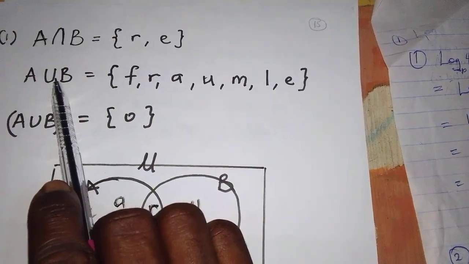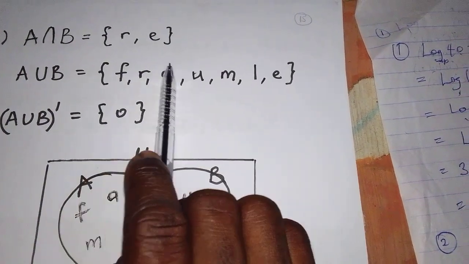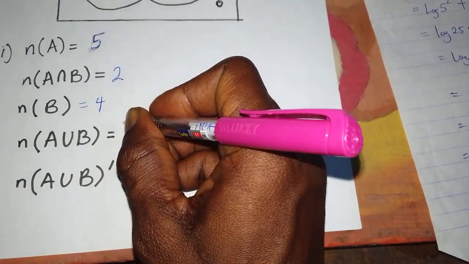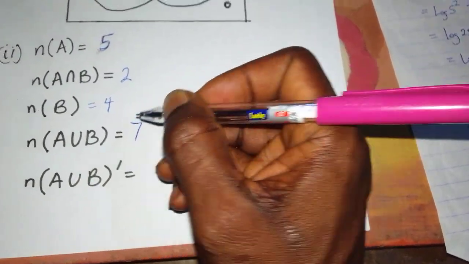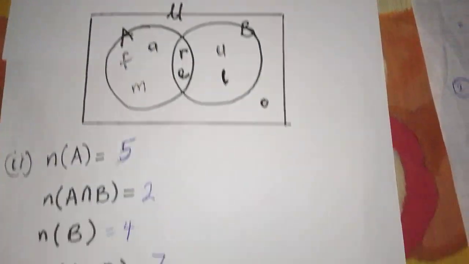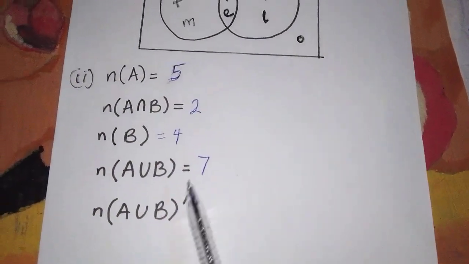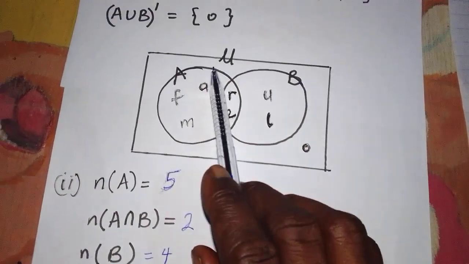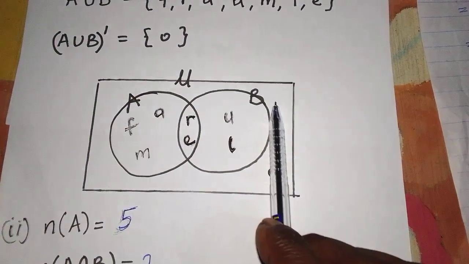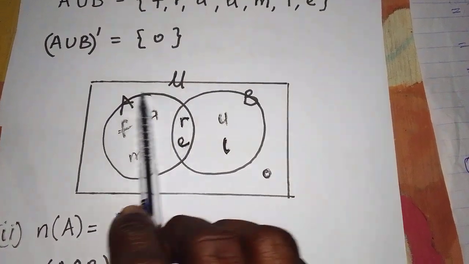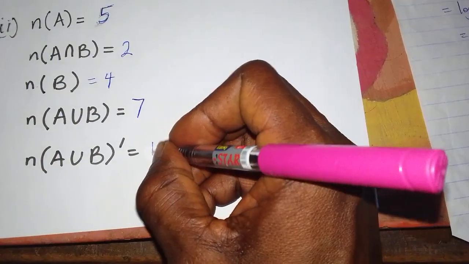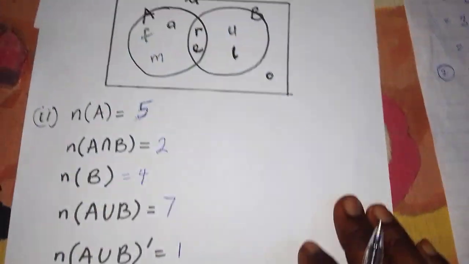So you have 7 elements. Then the number of elements in A union B complement: we only have 1 element outside these two circles. So that is 1.